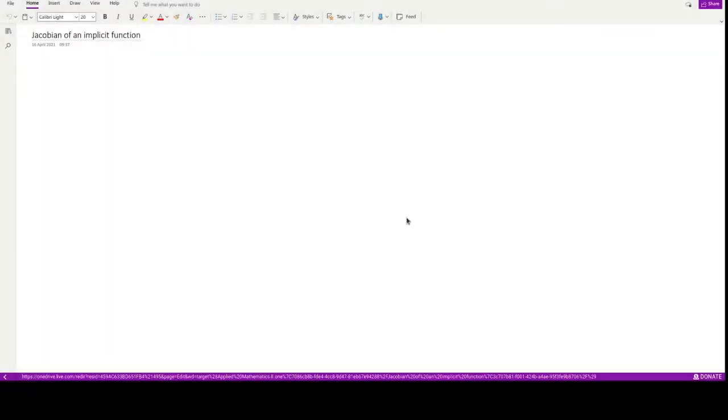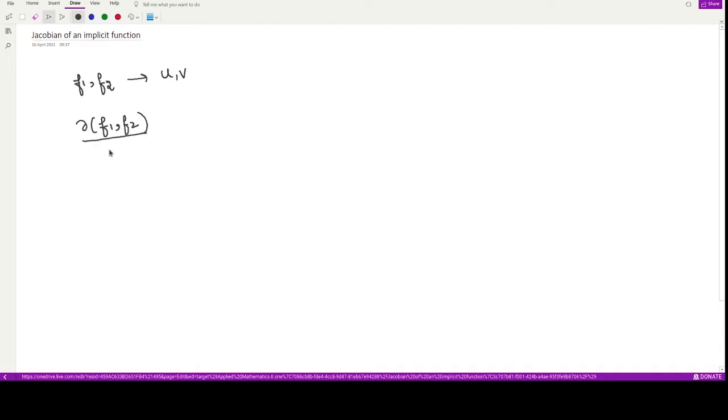Today we shall be looking at the Jacobian of an implicit function. Yesterday we saw that if you are given two functions f1 and f2, which are functions of u and v, then you can calculate the Jacobian of f1 and f2 with respect to u and v using this determinant, where you would first calculate the partial derivative of f1 with respect to u, then the partial derivative of f1 with respect to v, then the partial derivative of f2 with respect to u, and of f2 with respect to v.